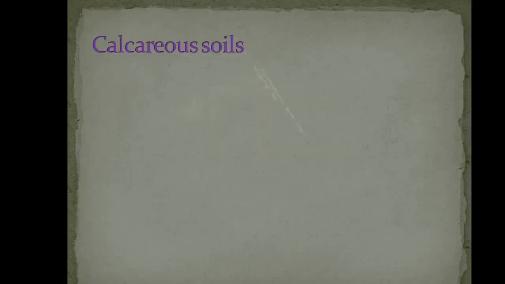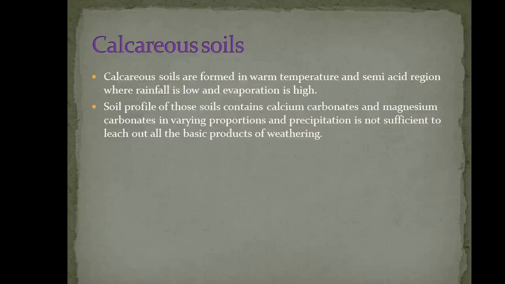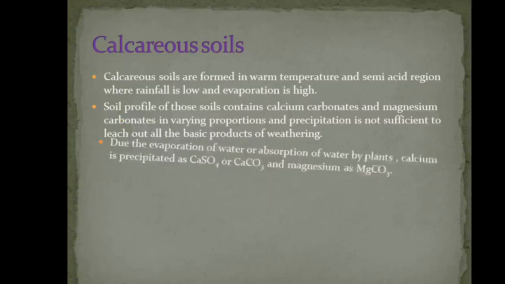Calcareous soil. Calcareous soils are formed in warm temperate and semi-arid regions where rainfall is low and evaporation is high. The soil profile of these soils contains calcium carbonate and magnesium carbonate in high proportion, and precipitation is not sufficient to leach out the basic products of weathering.